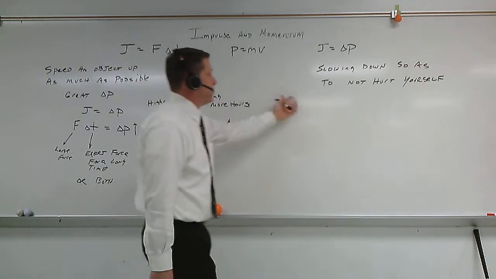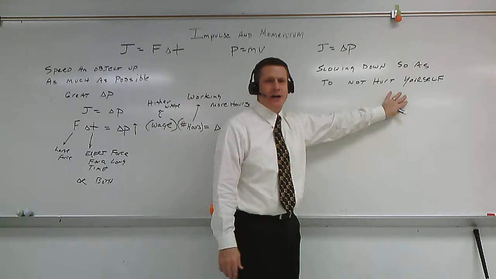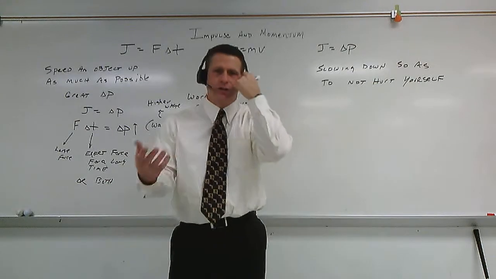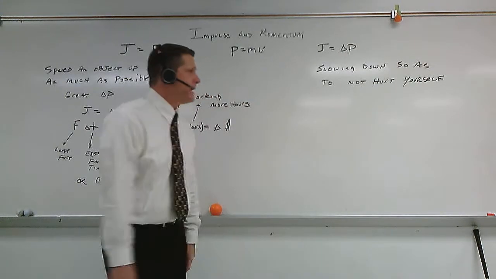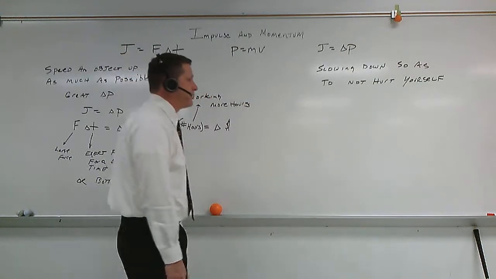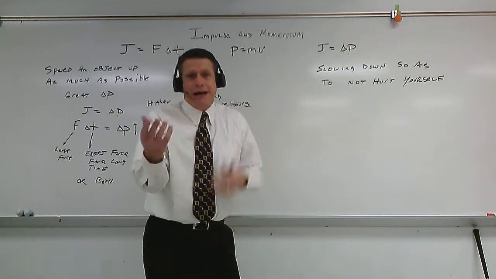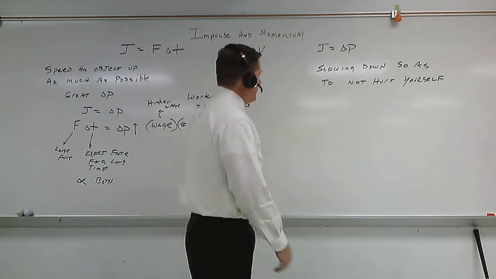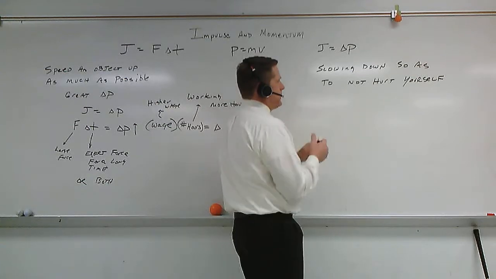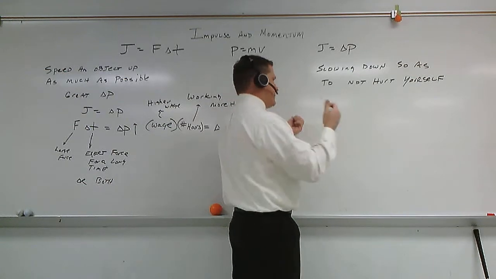So we want to slow down, let's say, a car so as to not hurt yourself. And if we're going to slow down a car so as to not hurt yourself, we actually have two possibilities. So let's think about this.